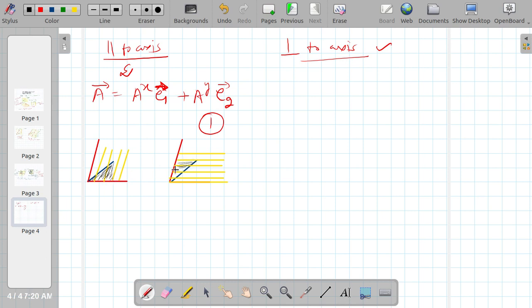And here this is the shadow region. And let me call this basis along this direction E2 vector, and along this direction E1 basis vector.